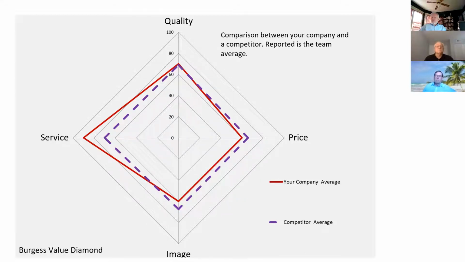The concept, very briefly, is that there are four primary elements or attributes to what a perceived value is. And remember, this is perceived. So therefore it's how does the customer perceive value for a company or for a product?